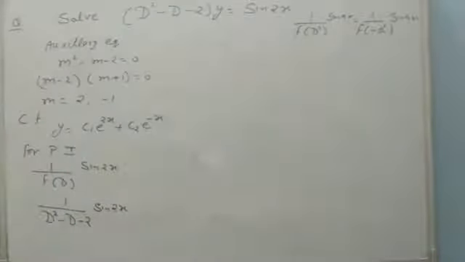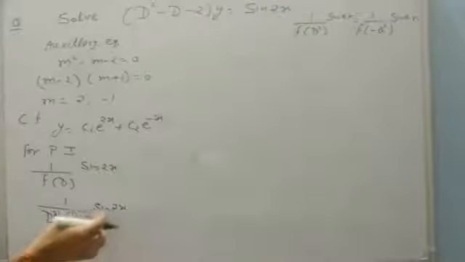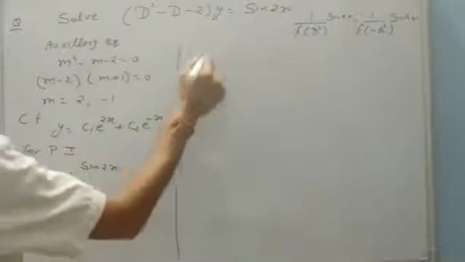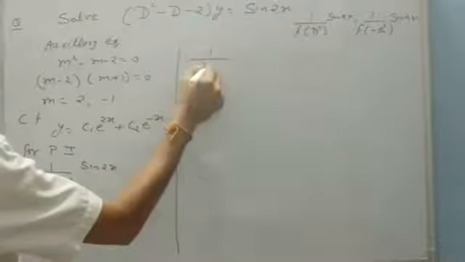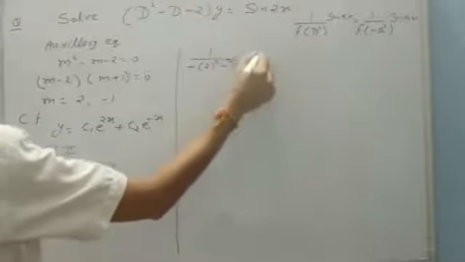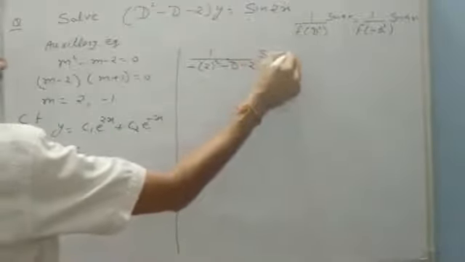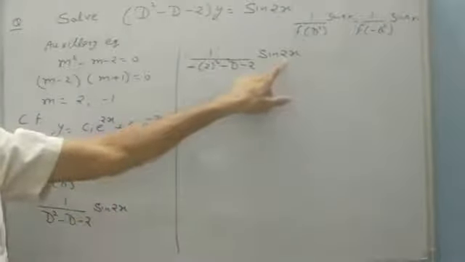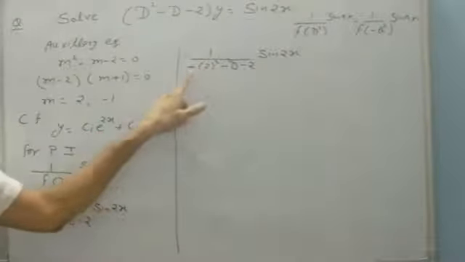Means wherever there is a d square, means even power of d, put the value of the coefficient of x in that with the negative sign.